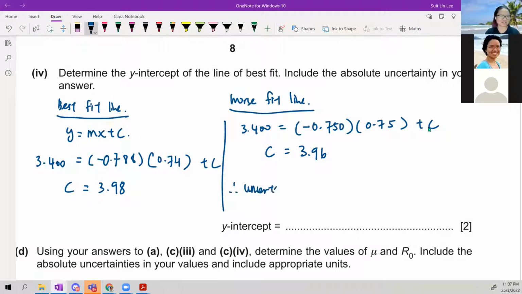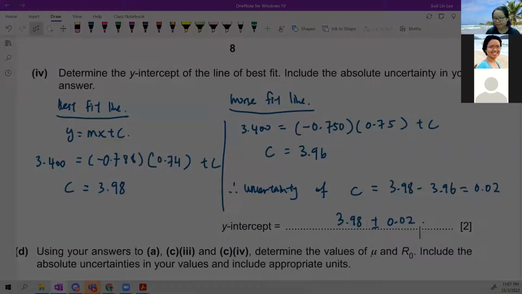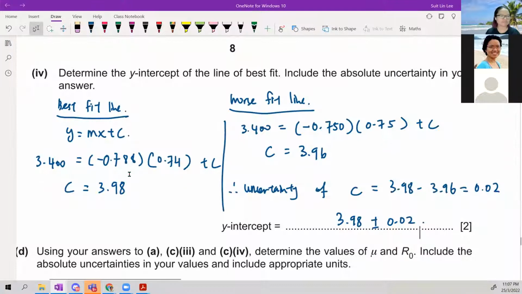Okay, here you want to find the uncertainty of c, the y-intercept. So this one will be equal to 3.98 minus 3.96, which will be 0.02. So your answer will be 3.98 plus minus 0.02. Is there a value? Is there a range? Nope. Just gotta show the working.